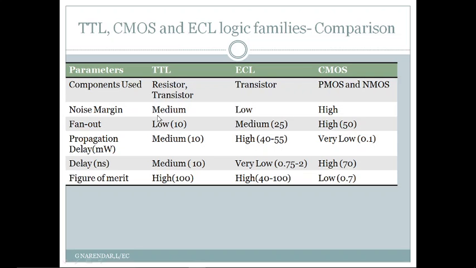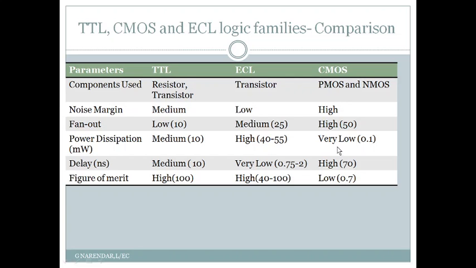Next is power dissipation, expressed in milliwatts, and the power dissipation should be low. That is, the gate has to consume less amount of power. Here you can see that the power dissipation is medium, 10 milliwatts for TTL, and 40 to 55 milliwatts for ECL.